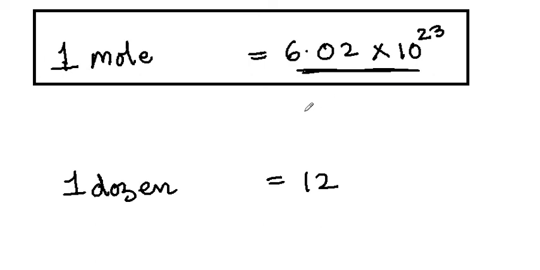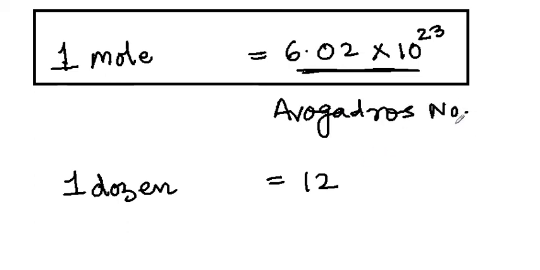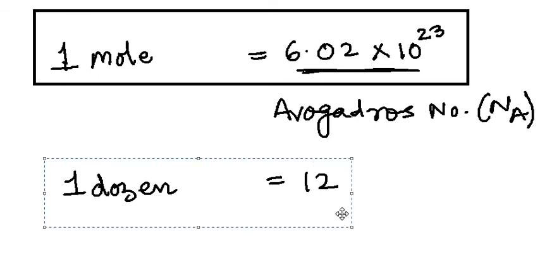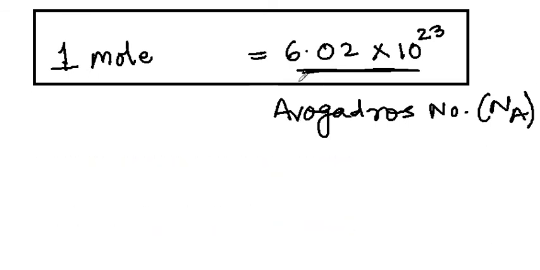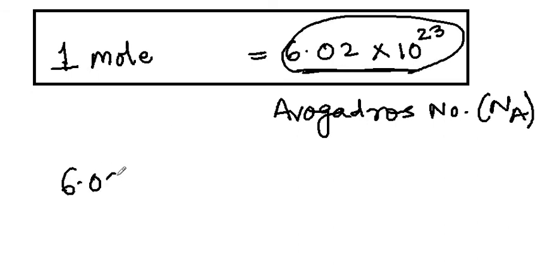Now if you look at this number, we call it Avogadro's number, now represented by Na. So we have 6.02 into 10 to the power of 23.